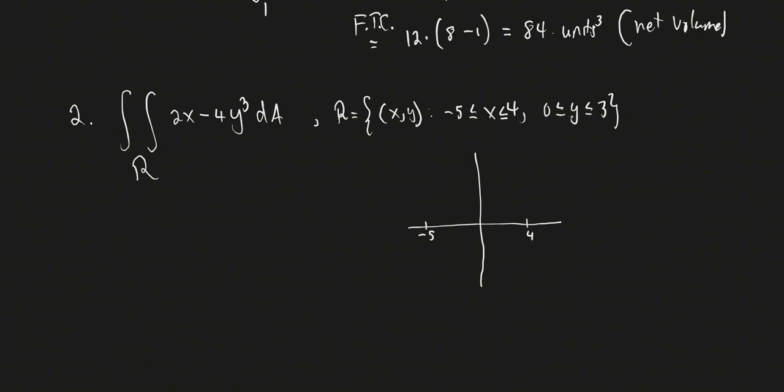And then y goes from 0 to 3. So this 0 would be our x-axis. And let's say this is 3. So then, yeah, just sketch the rectangle that has those bounds. And this is the base of the solid, right? So this would be the base, or this is the region over which it's being integrated.